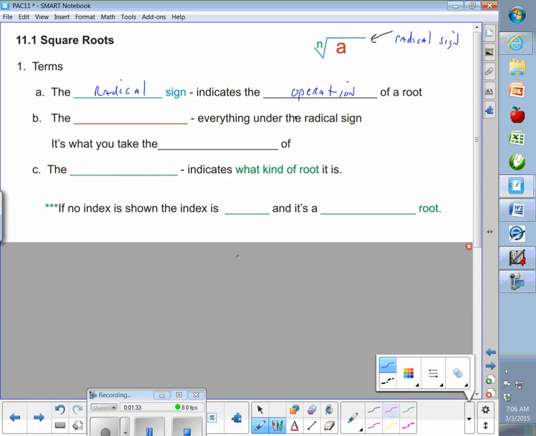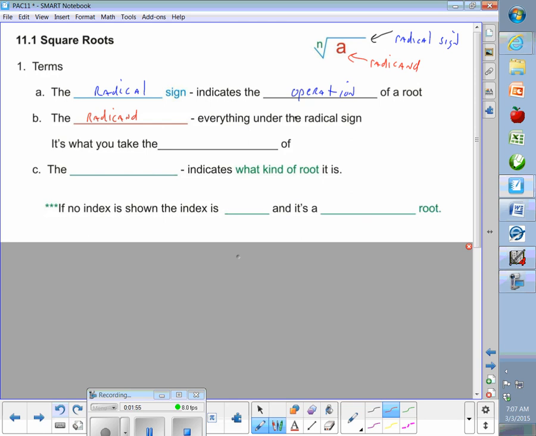All right, so what do you call everything underneath the radical sign? In this case, we have just the letter A. But what is everything underneath the radical sign? That's called the radicand, R-A-D-I-C-A-N-D.